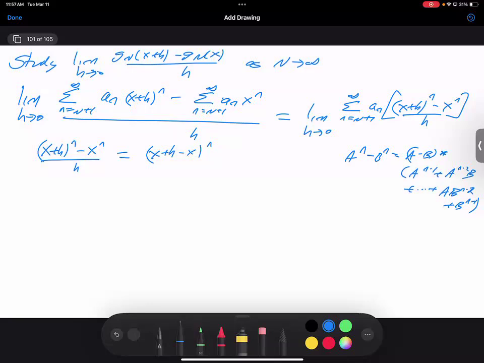That's the factorization, right? The difference of two nth powers. A squared minus b squared is a minus b times a plus b. A cubed minus b cubed is a minus b, a squared plus ab plus b squared.